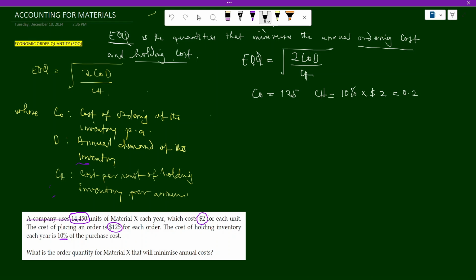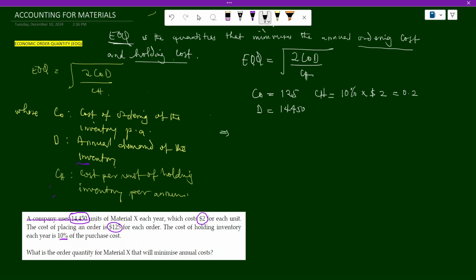Then we look at the annual demand. The annual demand in the question has been given as 14,450.